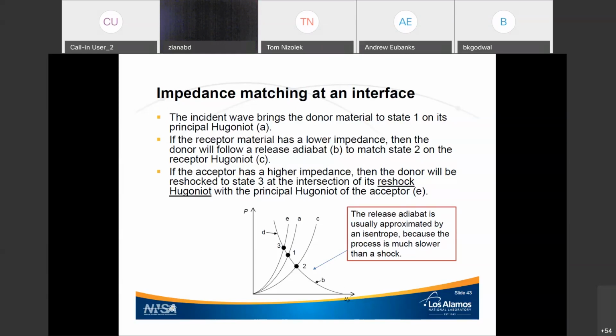Depending on the impedance of the receptor or the acceptor material, you may slide down an isentrope to match that lower impedance, or if it's higher, you may shock up this recentered Hugoniot to a higher pressure state.